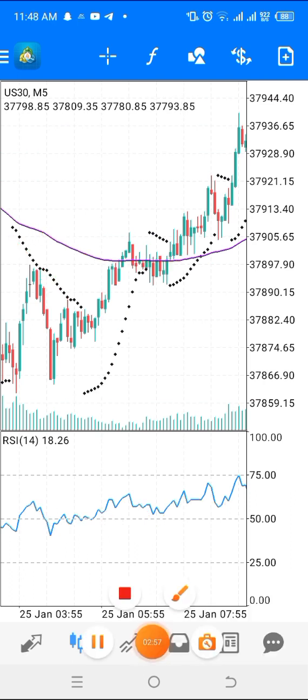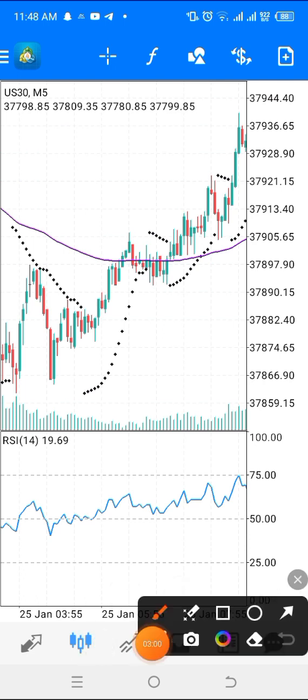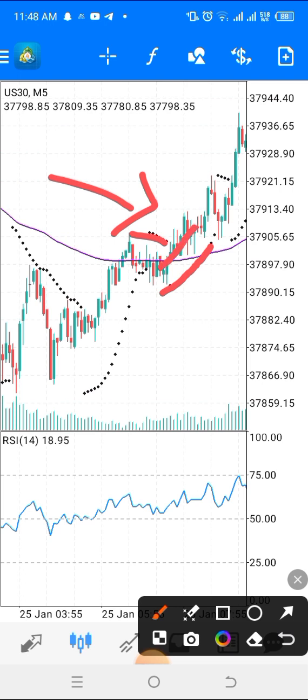So we can see that when the dots of the SAR are moving like this, and the dots are also underneath the candlesticks like this, the candles go and cross this point and go above, and if it's below the 100 exponential moving average, they go below.